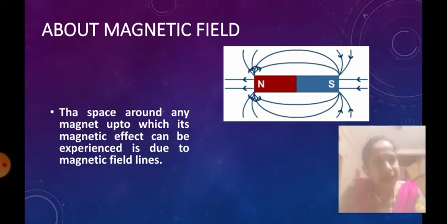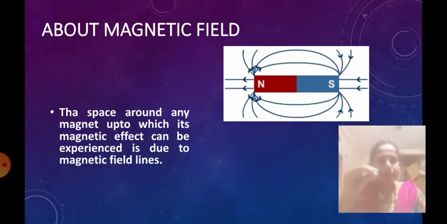If you take two magnets, or a magnet and a magnetic material, that means iron, cobalt or nickel, and bring them close, you will find that there is attraction. But as you take it away from the magnet, you will find that the magnet will not attract.